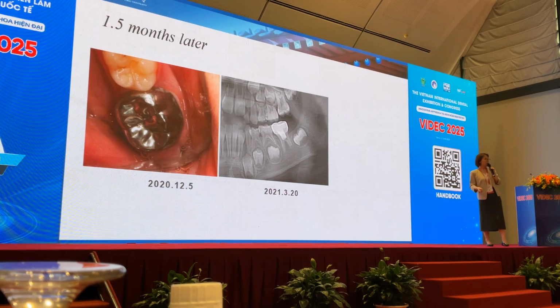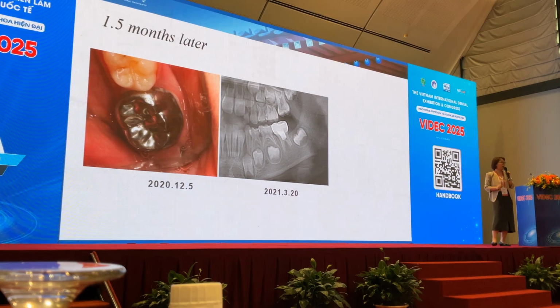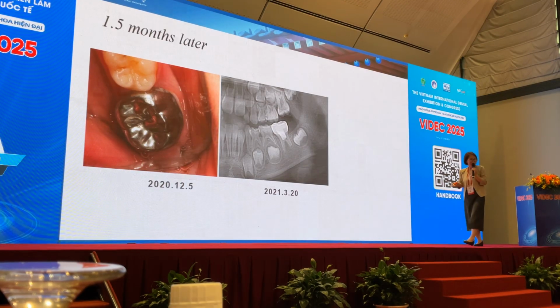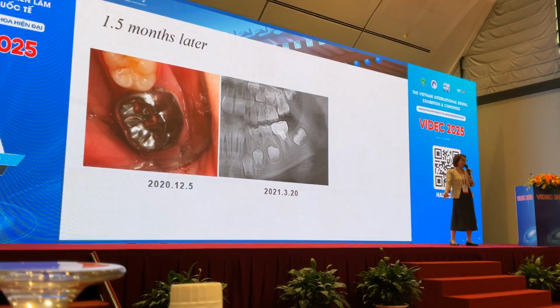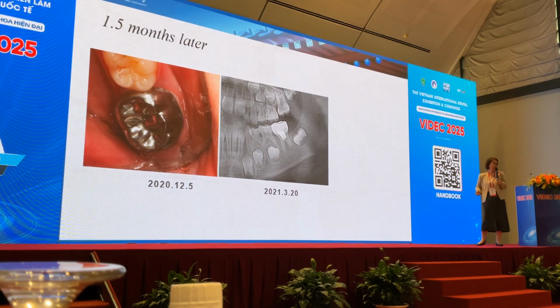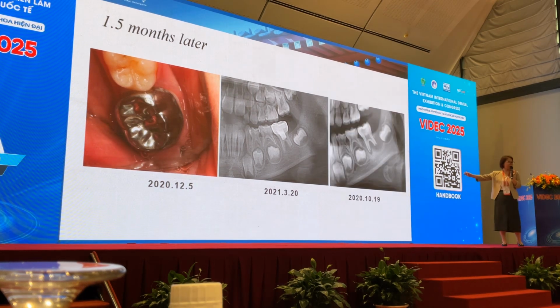And this X-ray she took in her city and sent to me because it's really difficult to come to our city. The lesions disappeared, and the second molar came back, right? You see, you can compare, right?